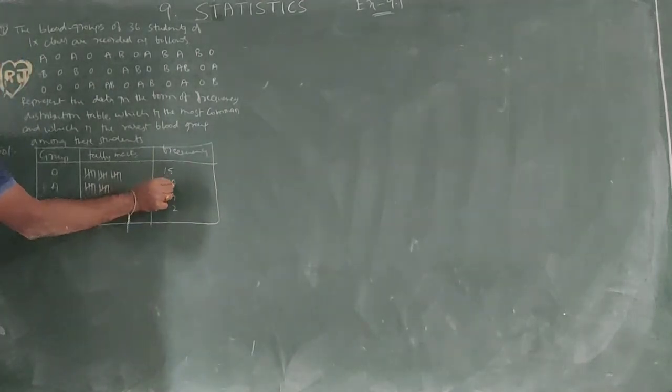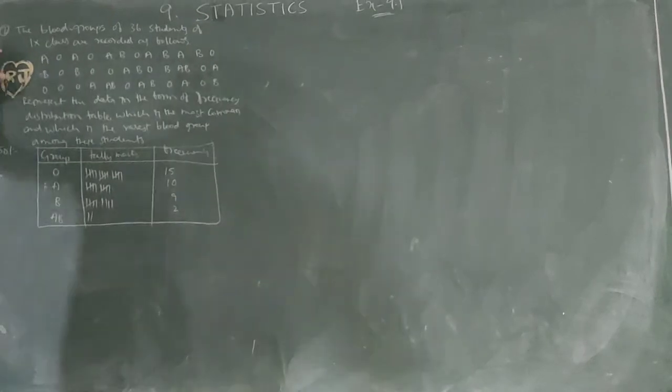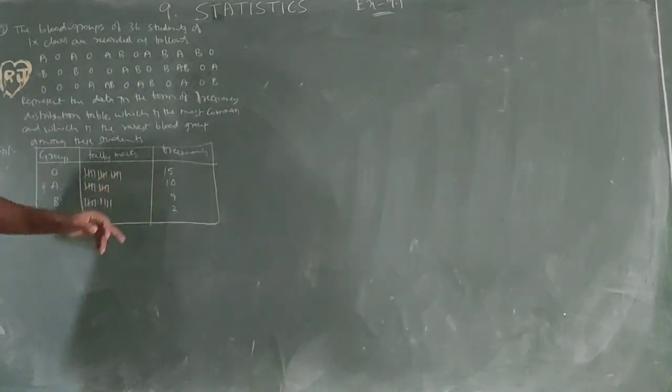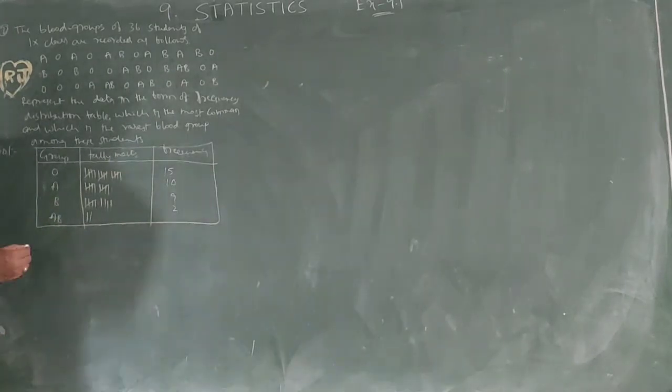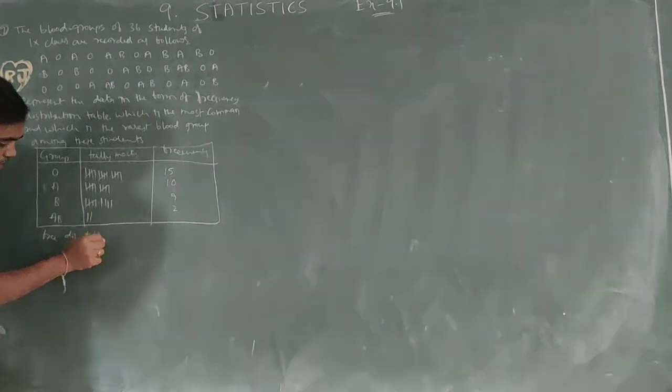So 12 into 3, 36. So total together 36. Now the frequency distribution table.